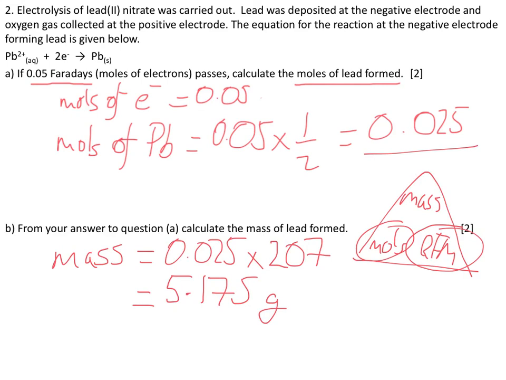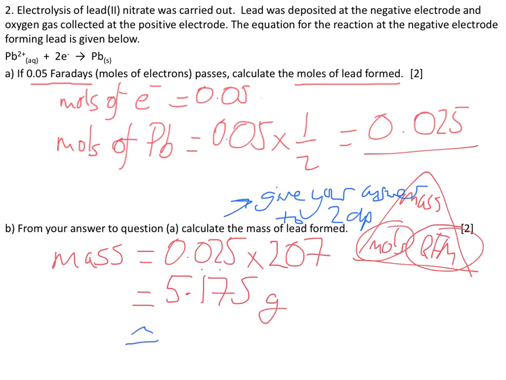Hopefully that's reasonably clear. Something an examiner might put in at this point is give your answer to 2 decimal places. Very frequently students get this far and then just leave the answer as that. So clearly you only want 2 decimal places, so those are the 2 most important ones.